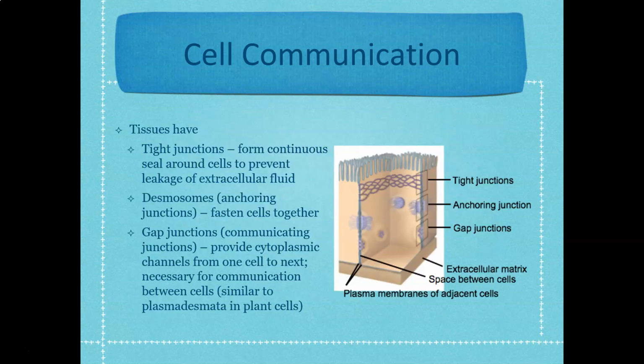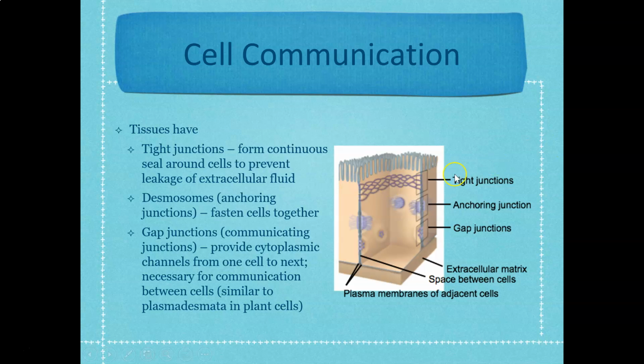So when we look at animal cells in these tissues, they've got these three major junctions here. And so this is a whole tissue together. So lots and lots of cells are going on here. And different levels and different proteins and different carbohydrates in those extracellular matrices make these different junctions.